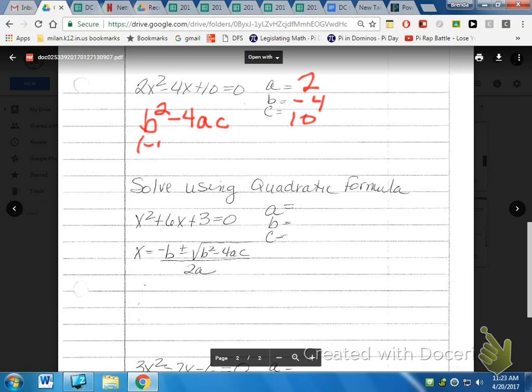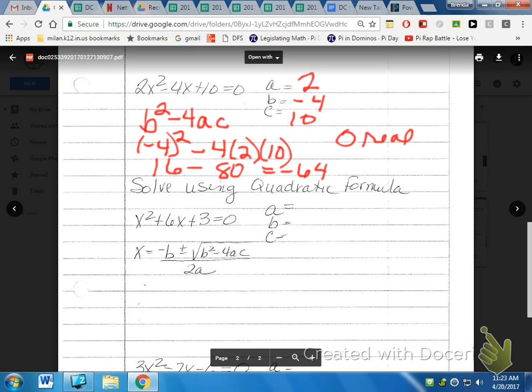So negative 4 squared minus 4 times 2 times 10. Negative 4 squared is 16 minus 80. It would be negative 64, and you would say 0 real solutions.